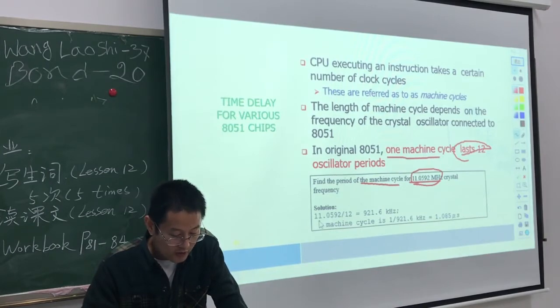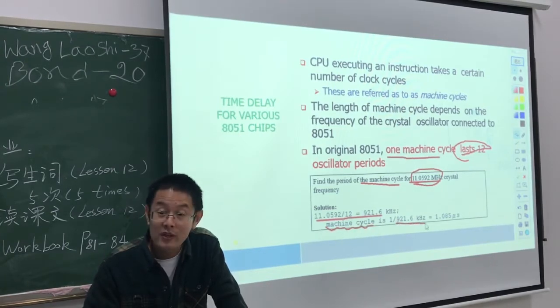This is your frequency, the machine cycle. So the time for the machine cycle is 1 divided by the frequency. We can get 1.085 µs.